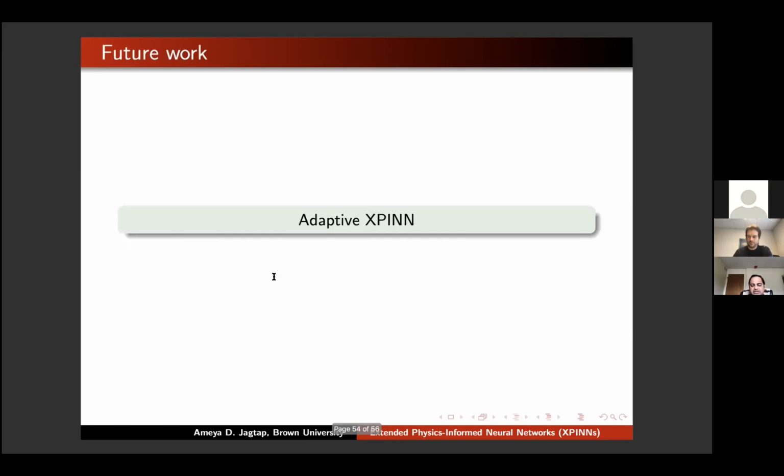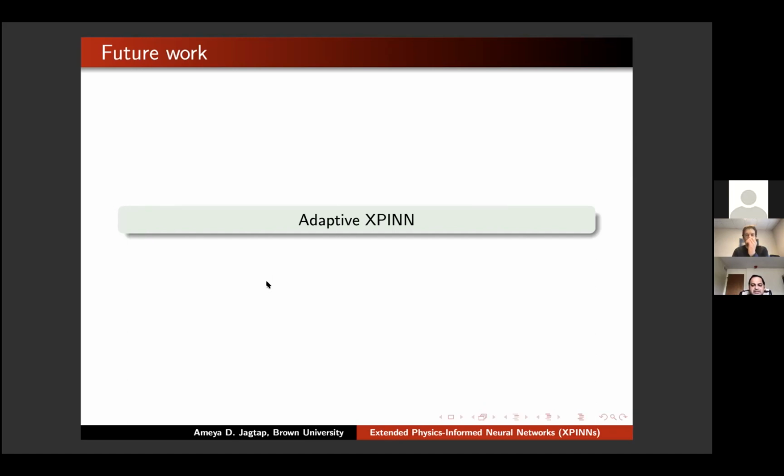One point for future work is that we are aiming for adaptive XPIN, because a priori we do not know many things. For example, we do not know how to decompose the subdomains, in what shape. And second, we do not know how many interface points we need, because initially we choose them depending on the solution complexity and the curvature along the interface.